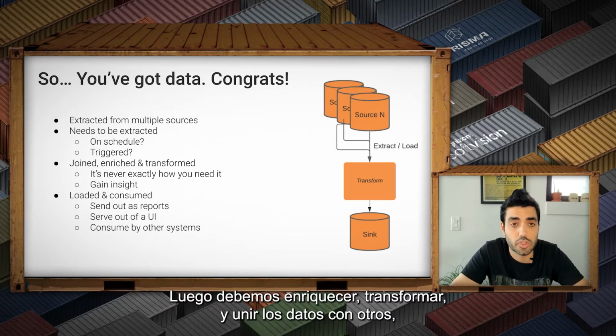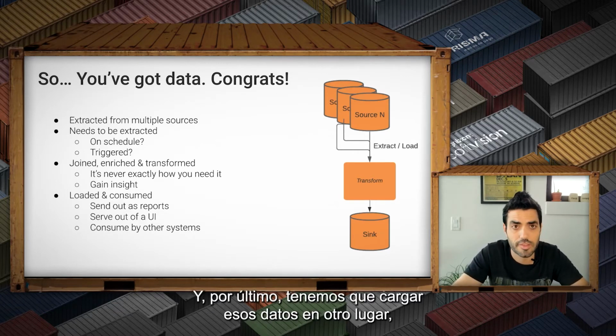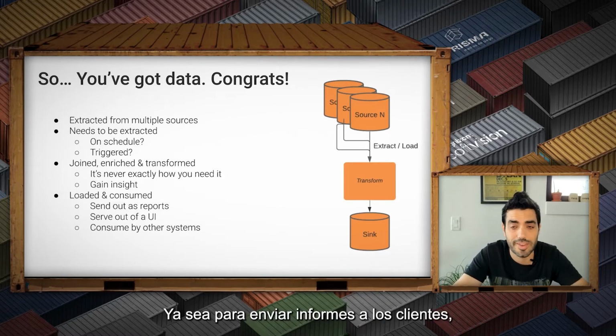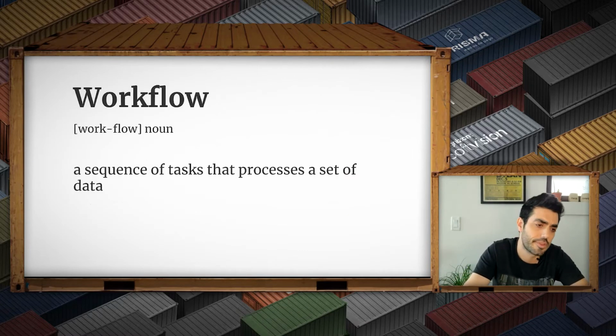We then need to enrich, transform, and join the data with other data to try and make sense of it and gain some insights. And finally, we need to load that data somewhere else, whether to send out reports for clients, or to be consumed by our UI or by other systems.